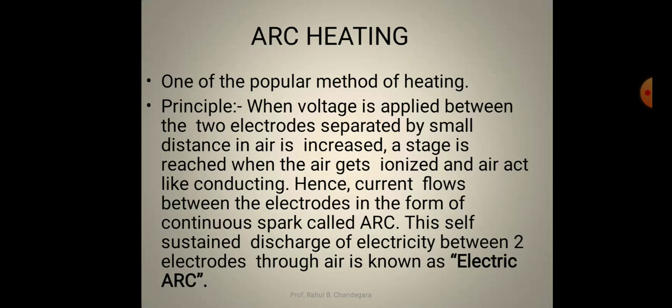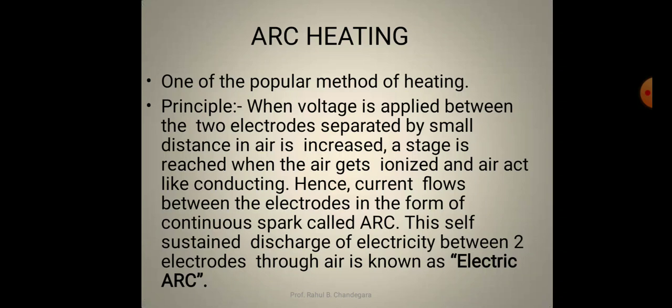In this method, there are two electrodes, or we can say contacts. One is a moving contact and another is a fixed contact. When the moving contact separates from the fixed contact, the arc is produced between these contacts.